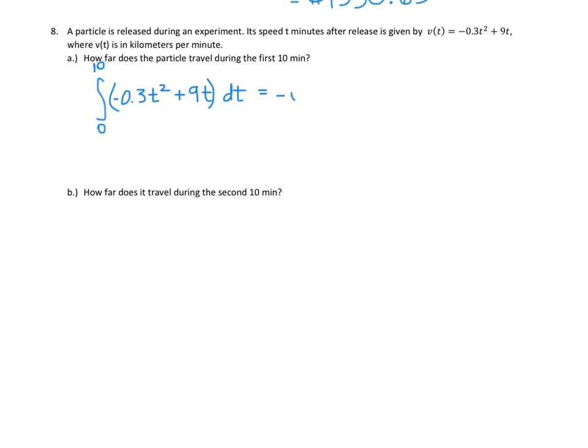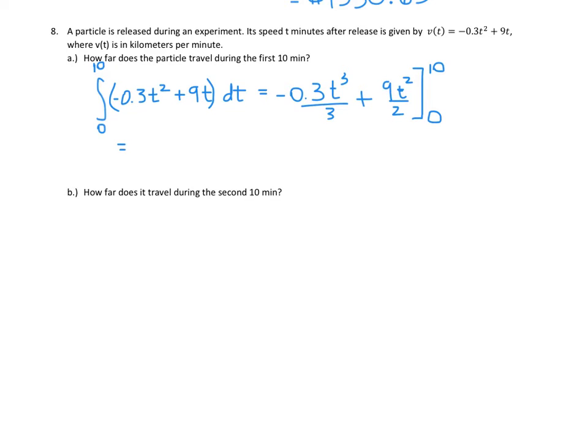Alright, so let's find the antiderivative of our velocity function then. So we have a negative 0.3 t cubed divided by 3 plus 9t squared divided by 2. And then we're going to evaluate it at 10 and then subtract from that what we get when we evaluate it at 0.